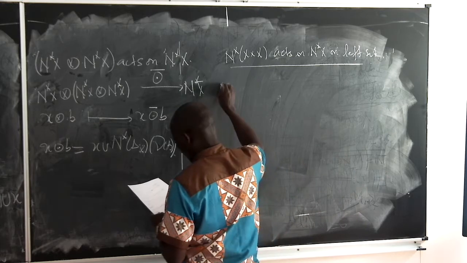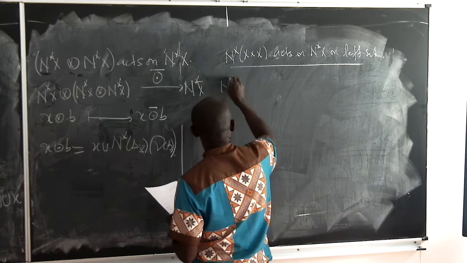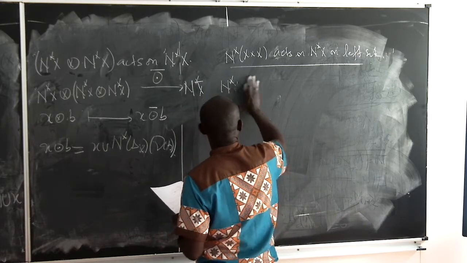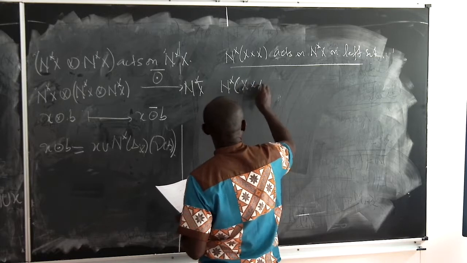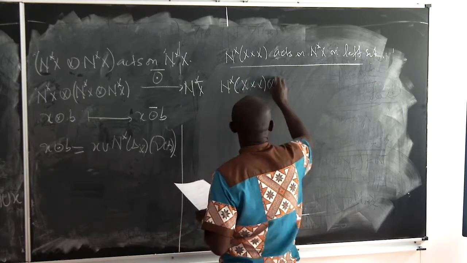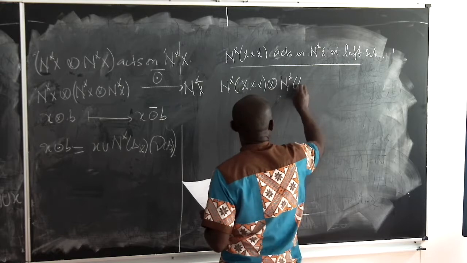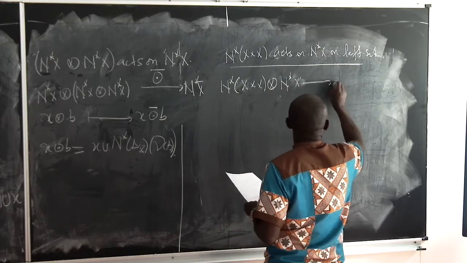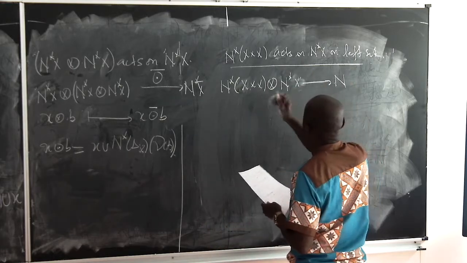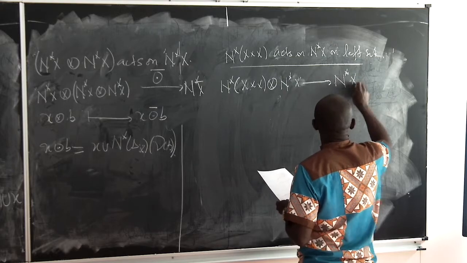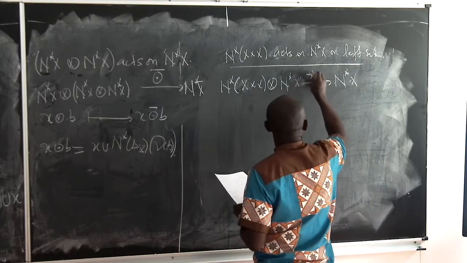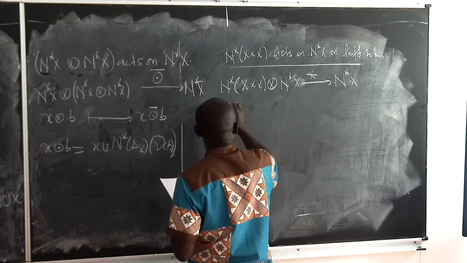on the left side. By this, NX cross X acts on NX, the left side, yes, as follows. Let me denote it by star.